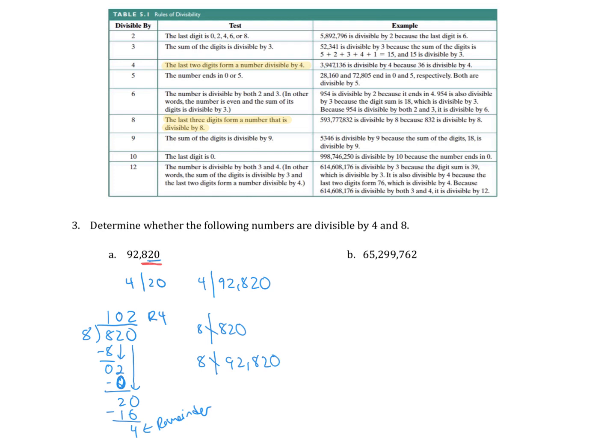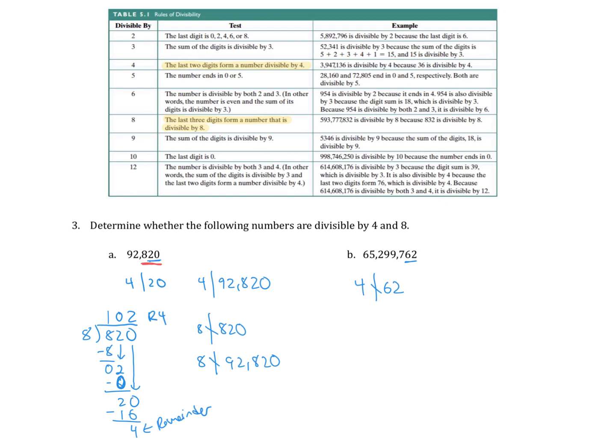All right, next example. For 4, I'm just going to look at those last two digits, and I ask myself, does 4 go into 62? Well, I know that 4 goes into 64, so it's not going to go into 62.